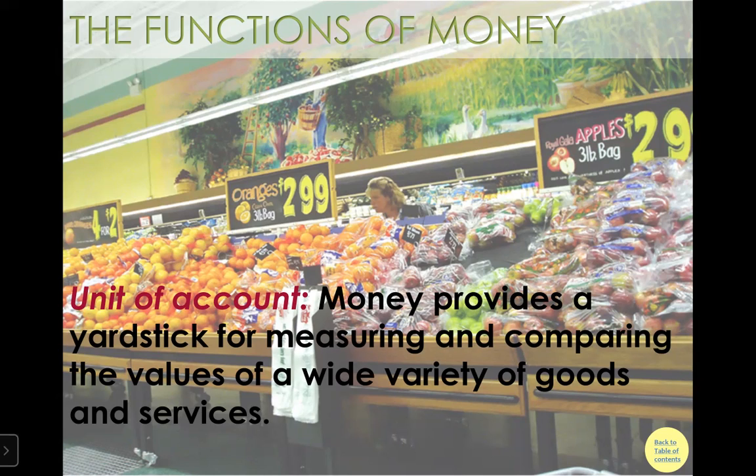We need money to provide a unit, so this $2.99 is based on the unit we just used. Money provides a yardstick for measuring and comparing the value of a wide variety of goods and services. That's why we need money, so we can compare apples versus oranges.